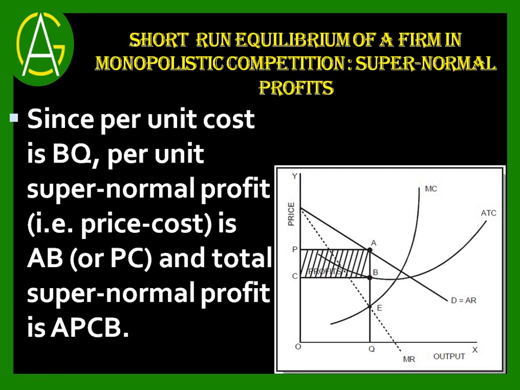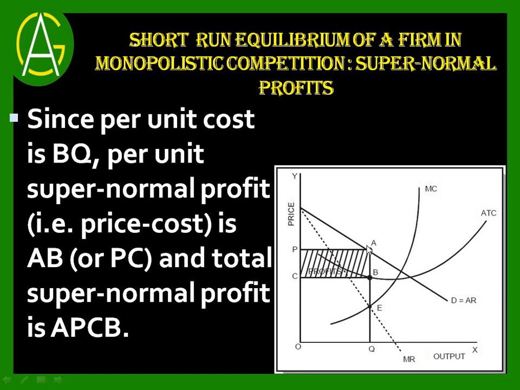The next task is to find out the profit and loss. In order to find out the profit and loss, we require average revenue and average cost. You can see that this is the average revenue curve of the firm. This is the average cost of the firm. Average revenue and average cost are compared at the equilibrium point. At the equilibrium point, we can see that average revenue is above and average cost is below.